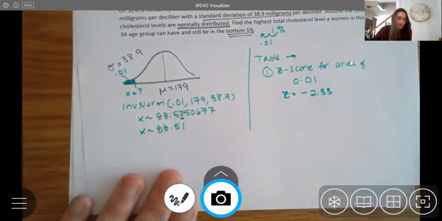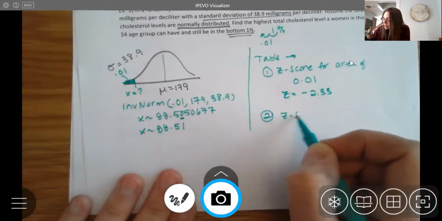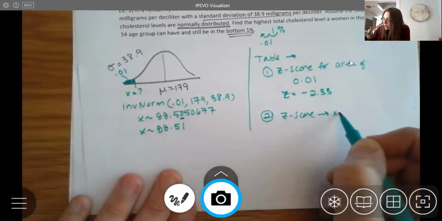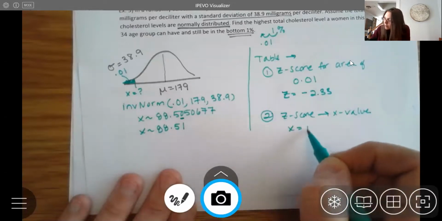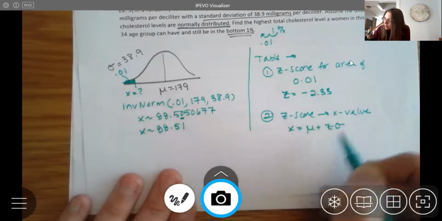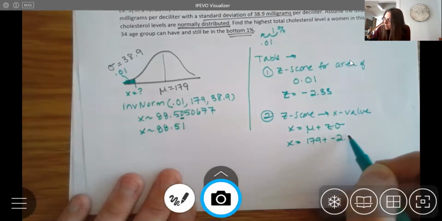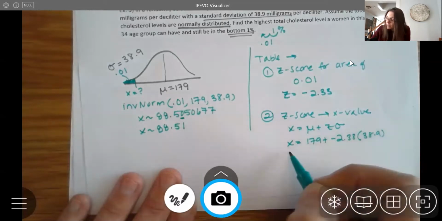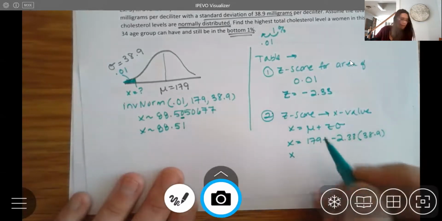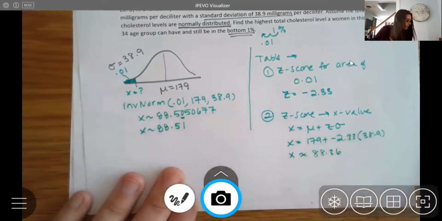Okay, so I get that from the table, and then I'm going to transfer that z-score to the x value, because I want the actual x value, not the z-score. So I take my formula. My mean is 179, my z-score is negative 2.33, and my standard deviation is 38.9. I use my calculator here, and what you're going to get is about 88.36.